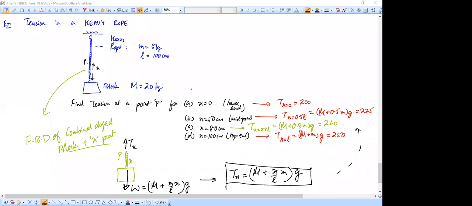Okay, people. So hope this example of heavy rope and all is also clear.